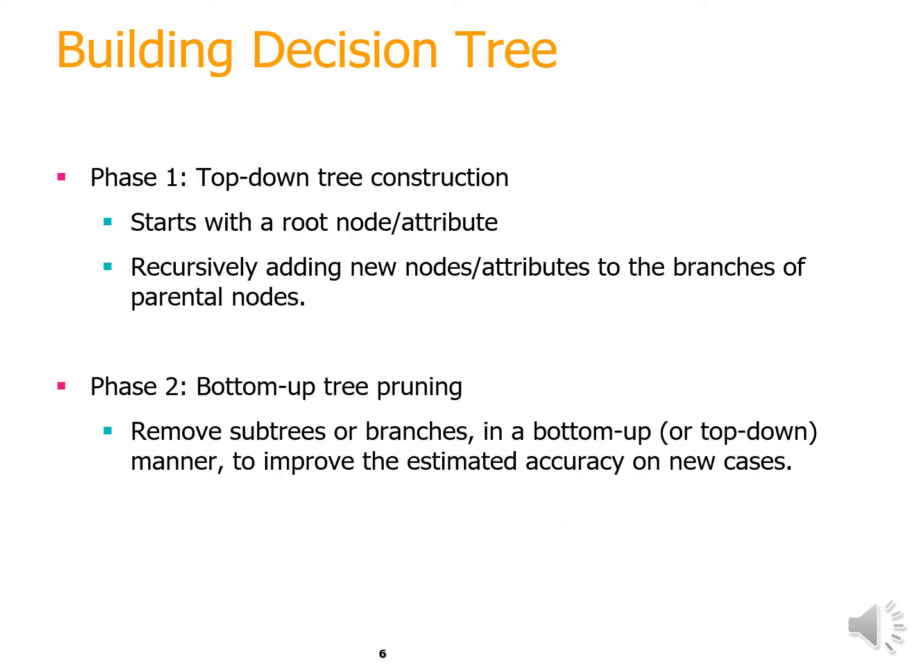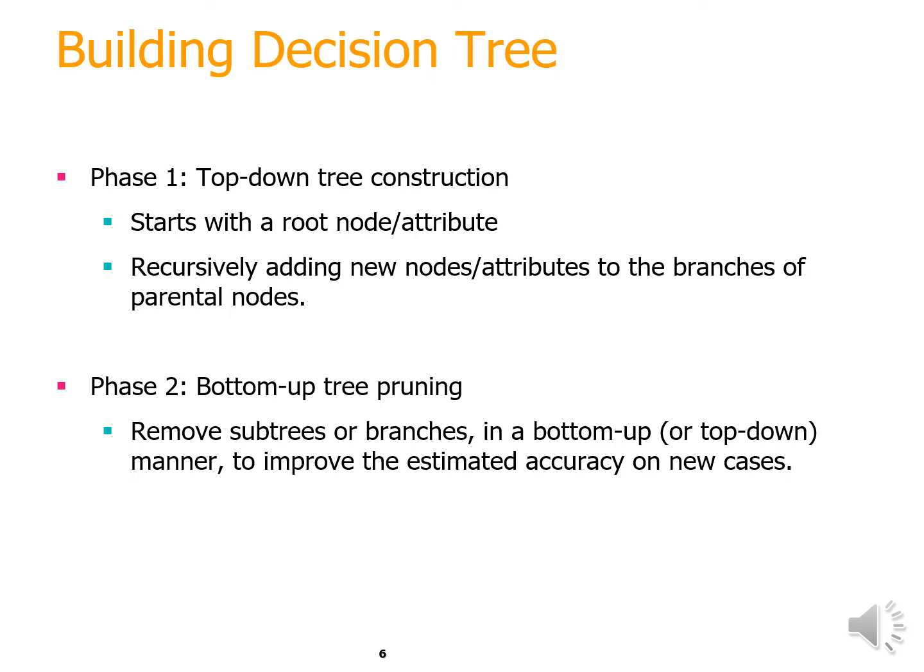So okay, we're gonna build a decision tree out of data. Actually, when you build a decision tree, it consists of two phases. The first phase is decision tree construction, a top-down tree construction. So in phase one, you build a complete decision tree, and in phase two, it's called bottom-up tree pruning.